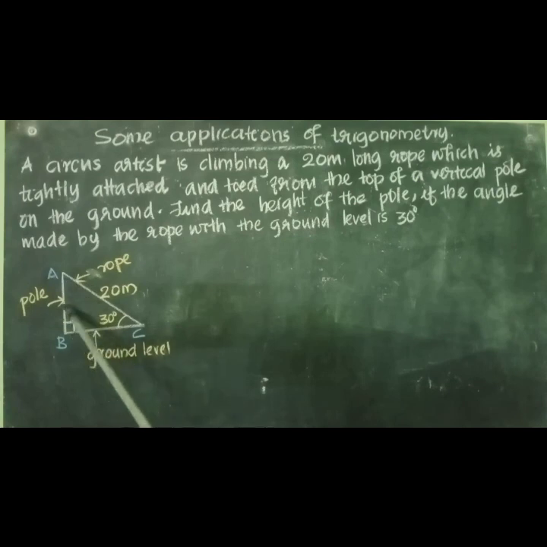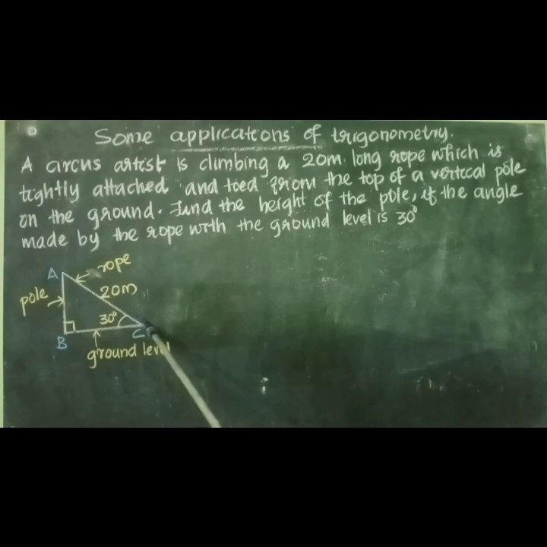So here is our vertical pole and this is our rope. It is having 20-meter length and it is tightly attached to the ground. And the artist is climbing on the rope. So this is the ground level. So now we get a right triangle and the acute angle is 30 degree.